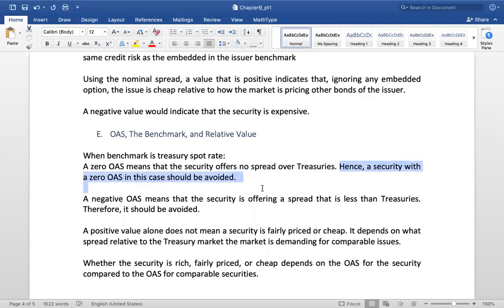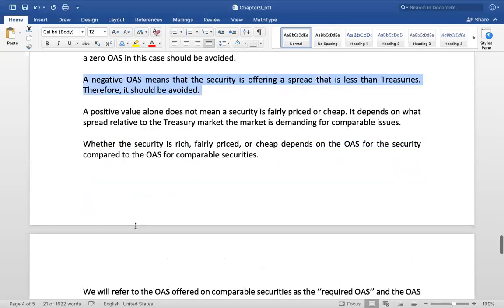Hence, a security with a zero OAS should be avoided, because it offers no extra return over treasuries. A negative OAS security should also be avoided, because it also offers nothing. Only positive OAS securities should be purchased, and we should be interested in those securities.